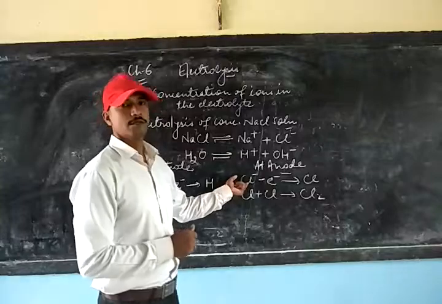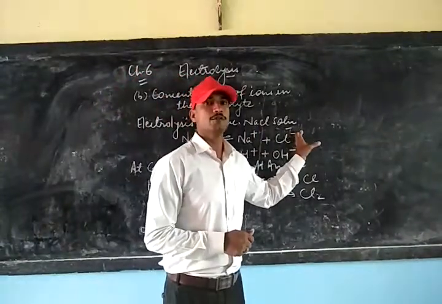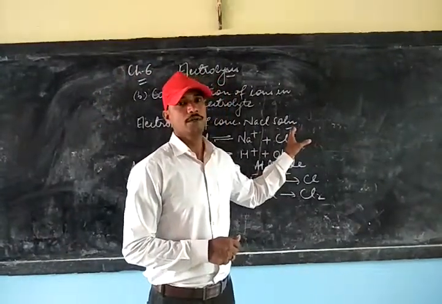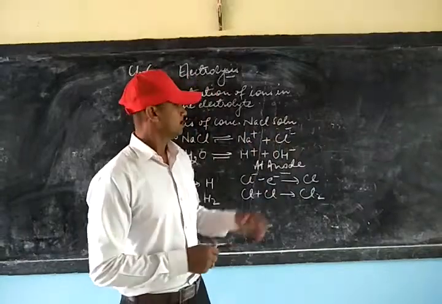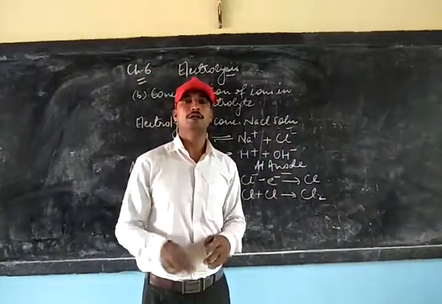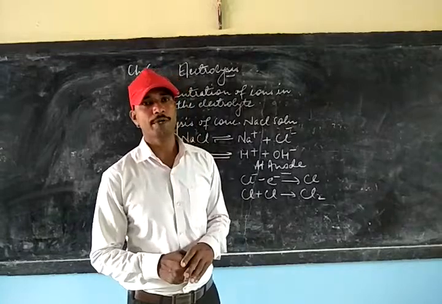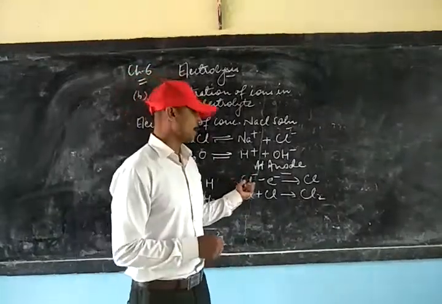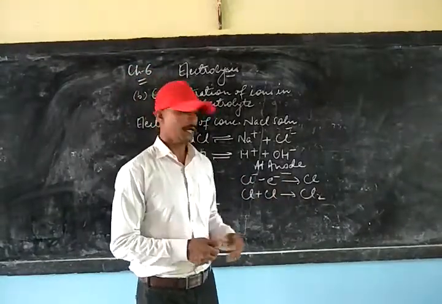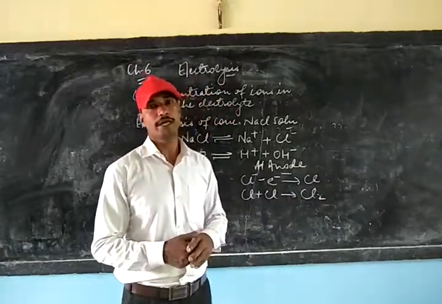But in this case, since chloride ion is highly concentrated in the solution, in spite of hydroxyl ion's lower position in the electrochemical series, it is chloride ion that will be discharged first and converted into chlorine gas.